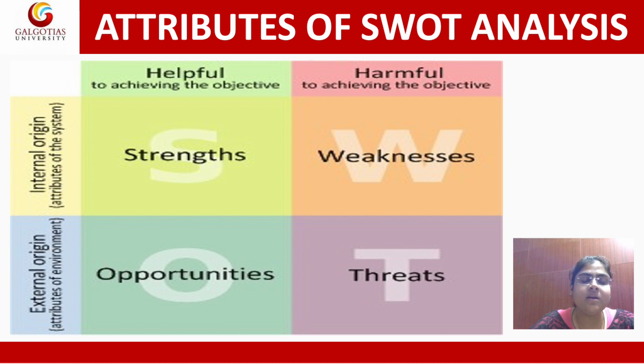As an individual, every individual has their own strengths and weaknesses. Similarly, every organization also has its strengths as well as weaknesses. So strengths and weaknesses are the attributes of the system of an organization.